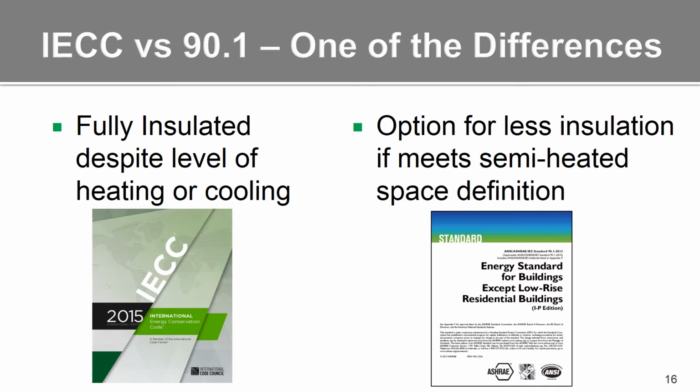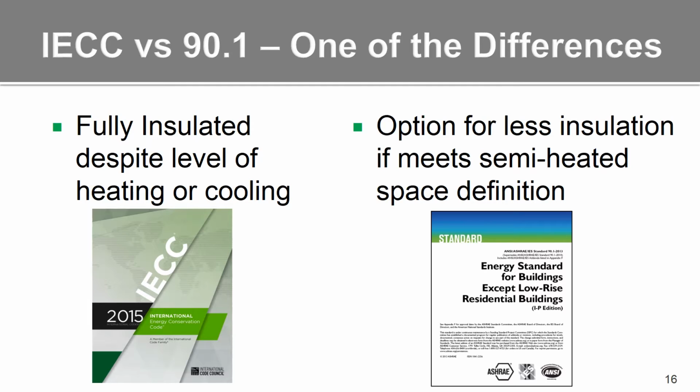One of the main differences between the IECC and 90.1 would be the space conditioning types and how it is defined. The IECC does not give you any credit or any reduction in insulation provisions if you're not really heating or cooling it.